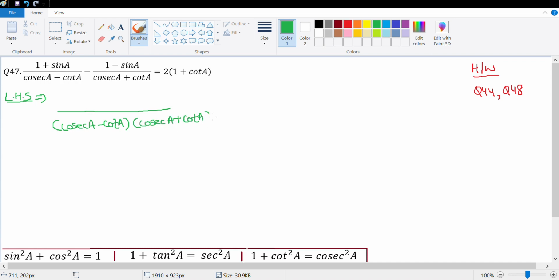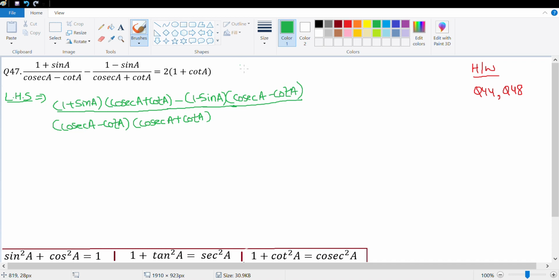That's my LCM of the denominator, which means my numerator will become 1 plus sine A times cosec A plus cot A, and the second term will be minus 1 minus sine A times cosec A minus cot A. Again, a long term.